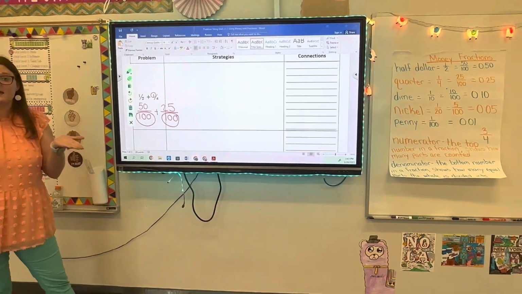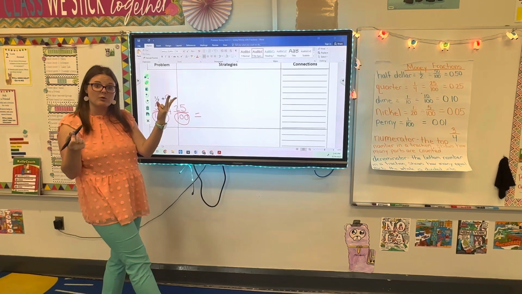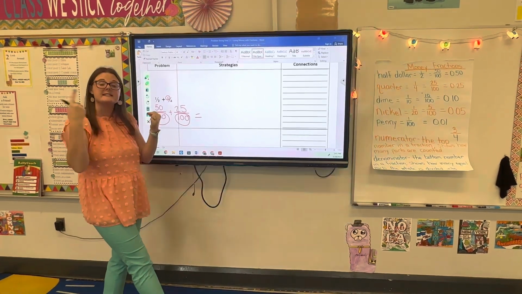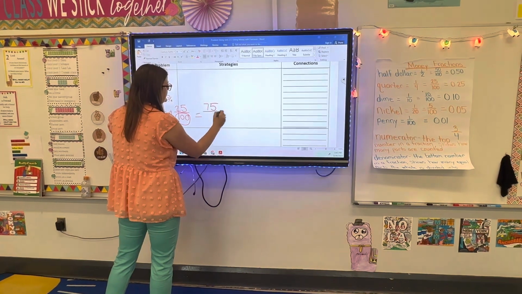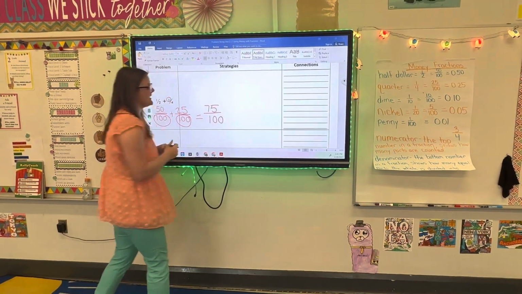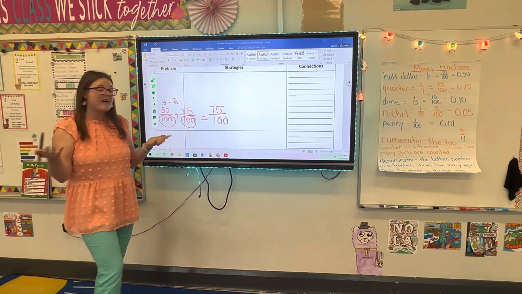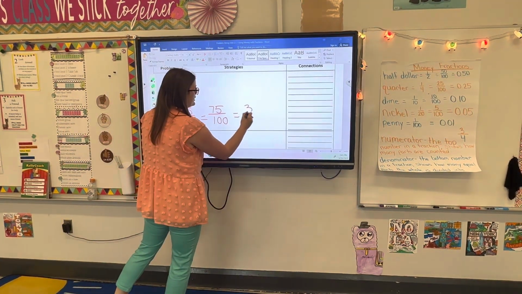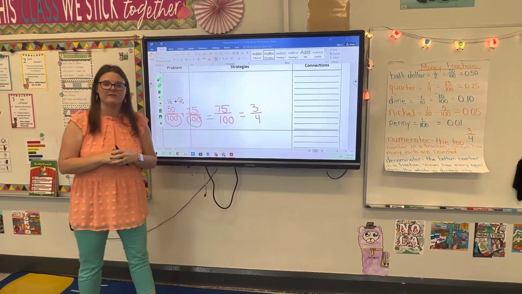I still have the same denominator. And I just think of 50 cents, that's 2 quarters, and 25 cents is 1 more quarter. So 3 quarters gives me 75 cents, and my denominator stays the same. 75 hundredths, you guessed it, if I have 75 cents, I've got 3 quarters. So 75 hundredths is equivalent to 3/4.